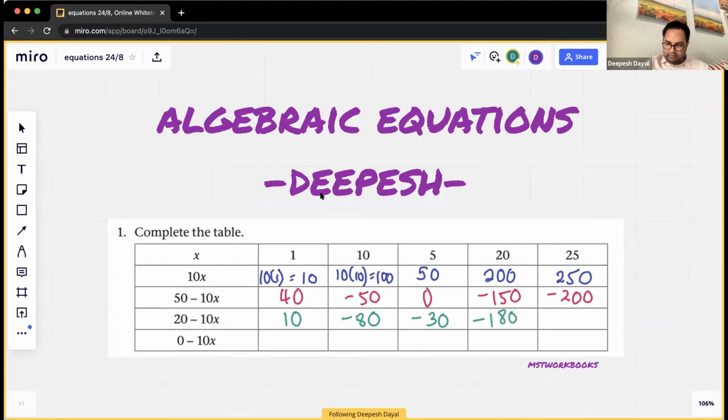And the last one, negative 230, right? Negative 230. And there we go. So we got 10, minus 80, minus 30, minus 180 and minus 230.